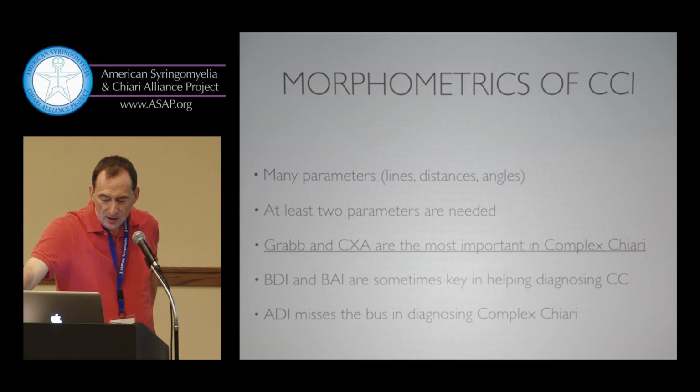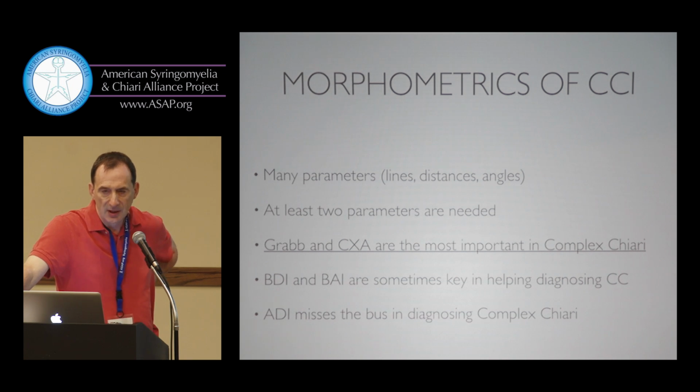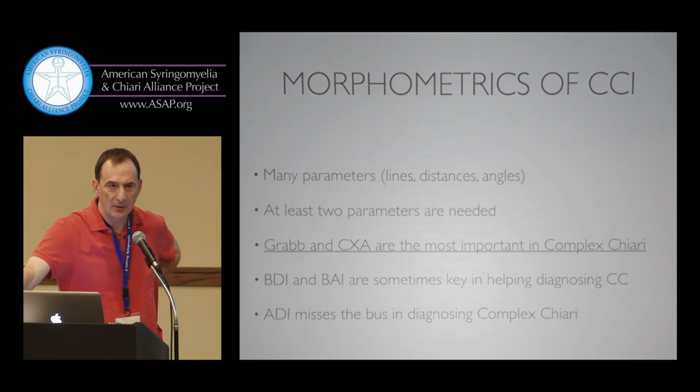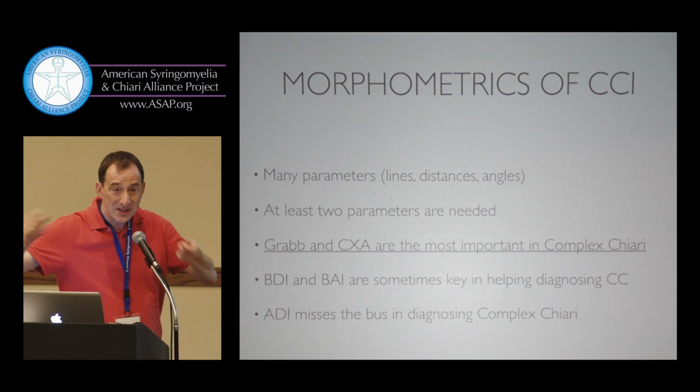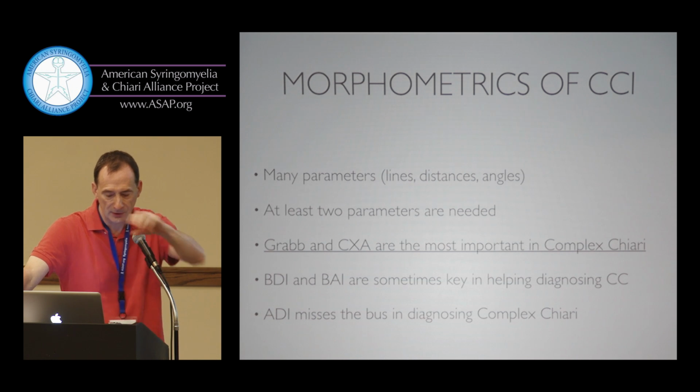What are the morphometrics of craniocervical instability? Morphometrics are a particular set of parameters, which can be lines, distances, or angles, that we use, glasses we put on, to look at the structure in order to quantify how normal, borderline, or pathologic it is.